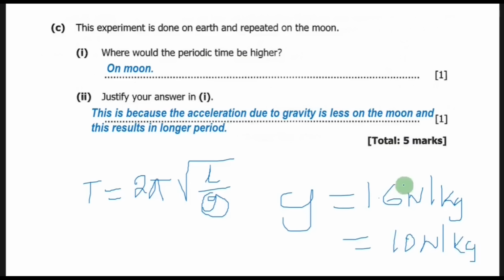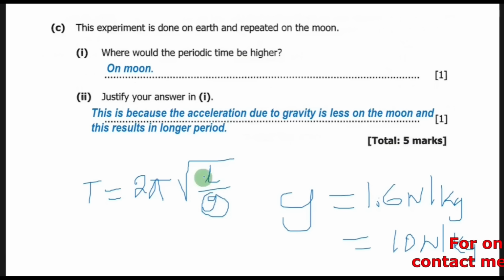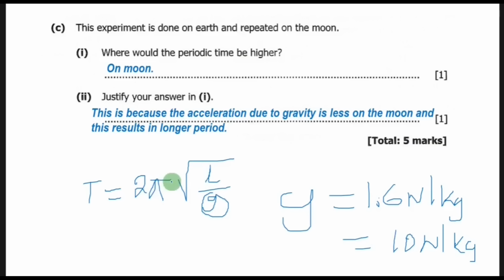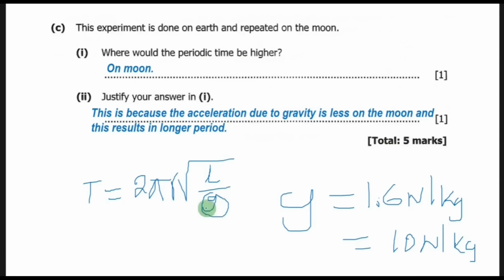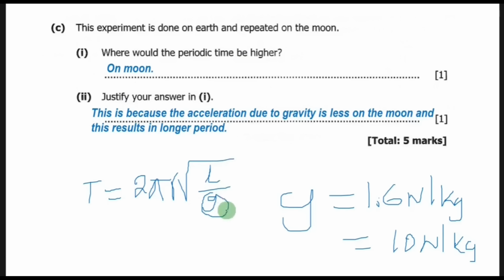If you use the same length on Earth and on the moon, on the moon you have 1.6 and on Earth you have 10.